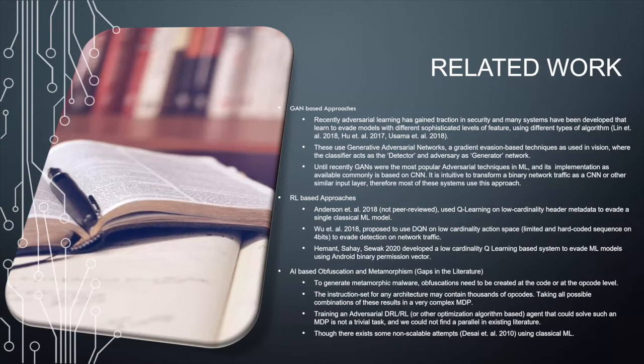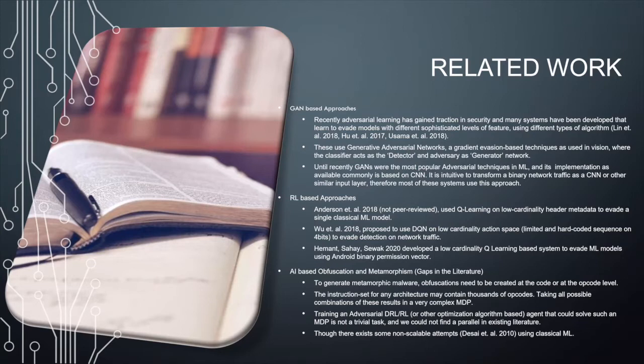Most of the related work in this area is connected to GANs, which are generative adversarial networks, a typical type of convolutional neural network architecture used to generate new images. And it is very popular. Code bases are available in most of the popular deep learning libraries. And this is being used to create binary perturbations.